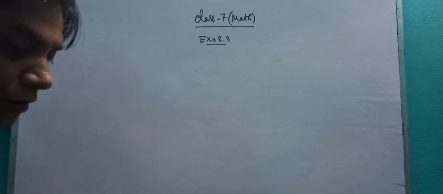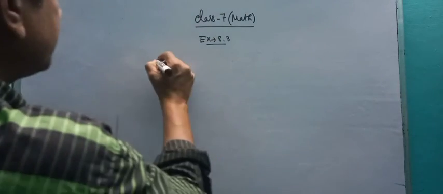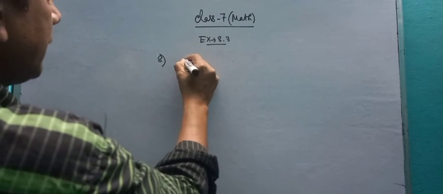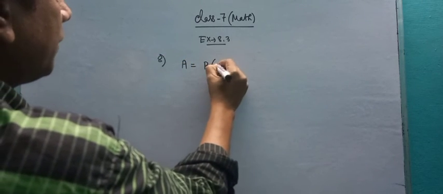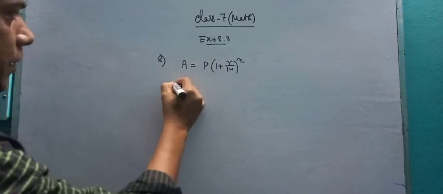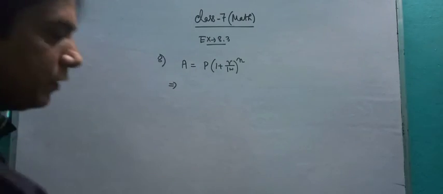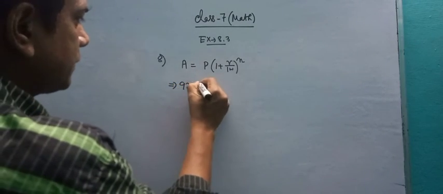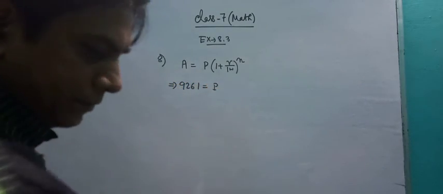Okay. So what will the answer be? What sum of money? The question asks what will amount to this. A is equal to P into 1 plus R by 100 to the power n. The question asks what sum of money will amount to this 9261. This is the principal.